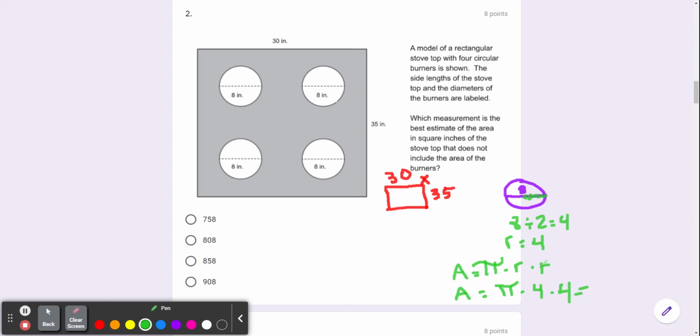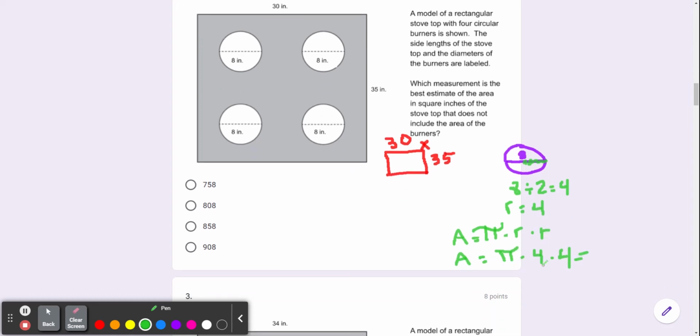And remember, I said you could take pi and replace it with 3. You can round down. If I round down, I get 48. So that's the area of one of the circles.